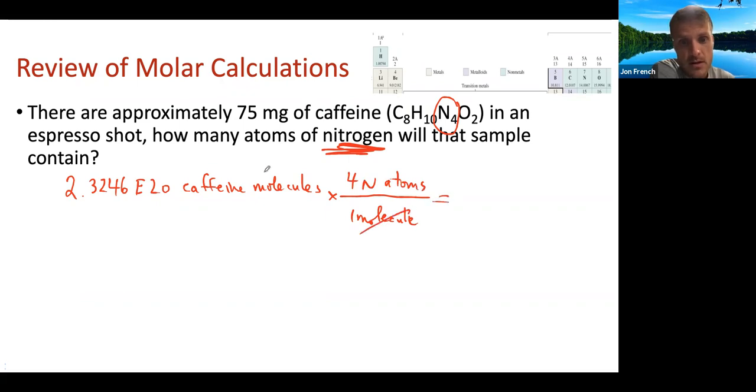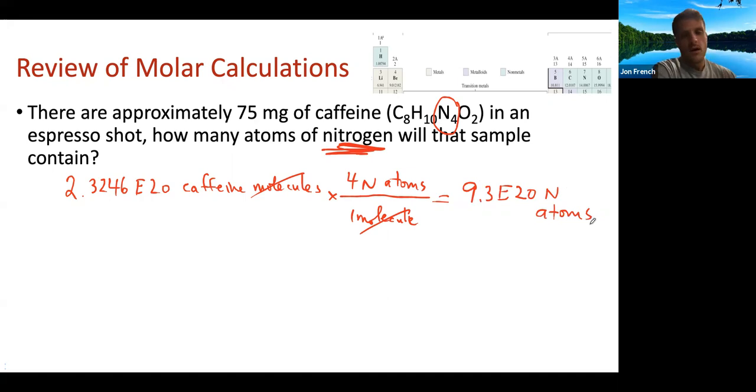So molecule cancels out, and I'm left with 4 times that, because in every one molecule, there are 4 nitrogens. I know the number of molecules, so I'm going to have 4 times as many nitrogens. That leaves me with, to 2 significant figures, about 9.3 e to the 20th nitrogen atoms.